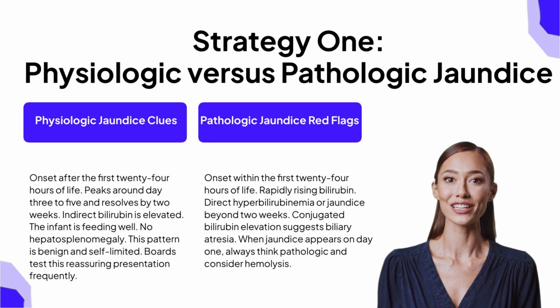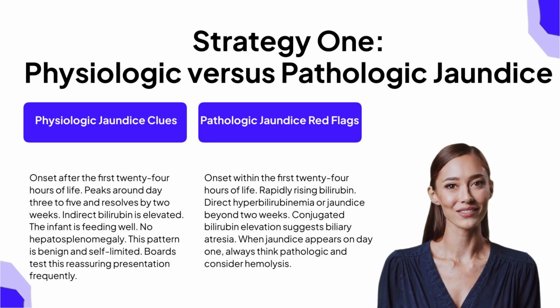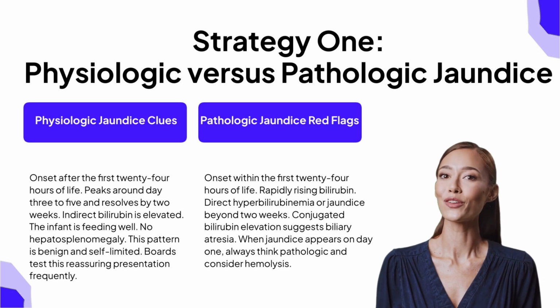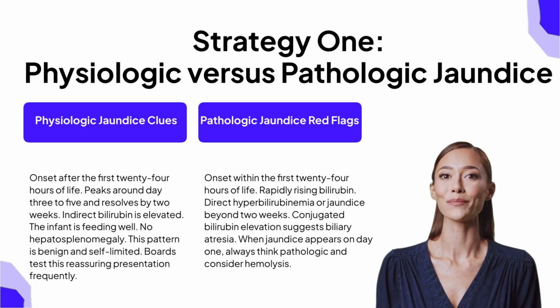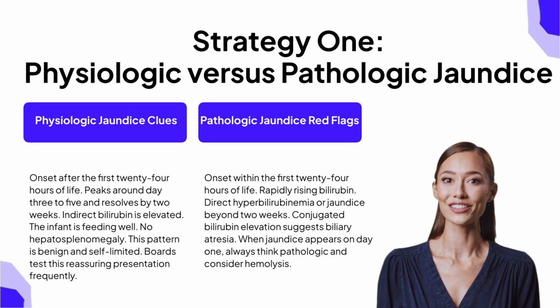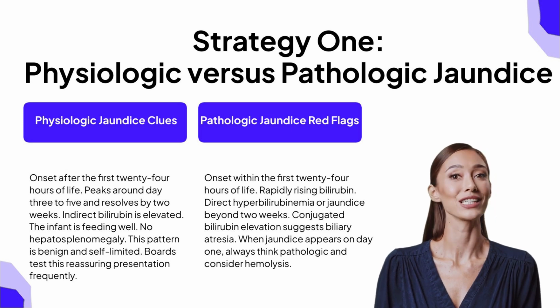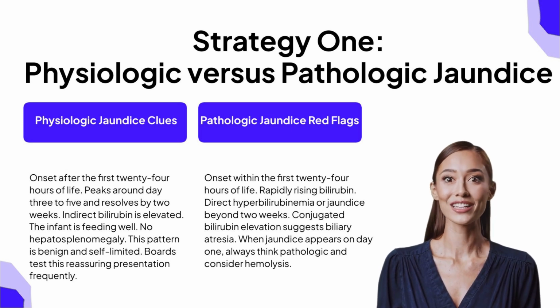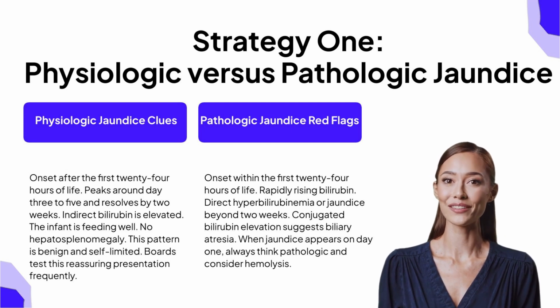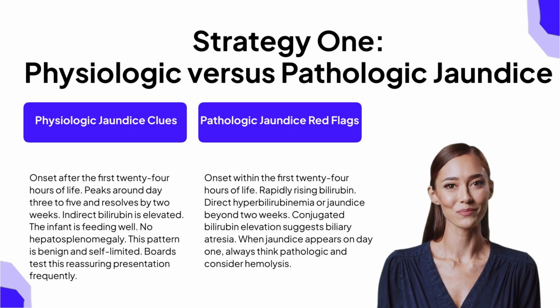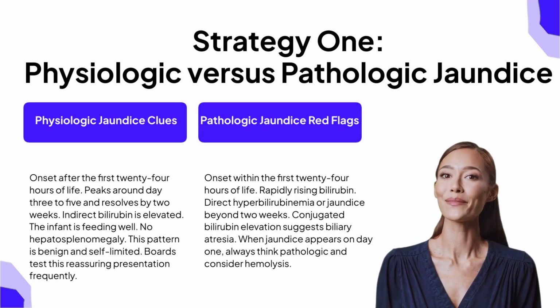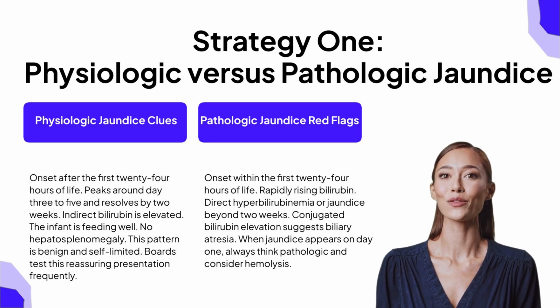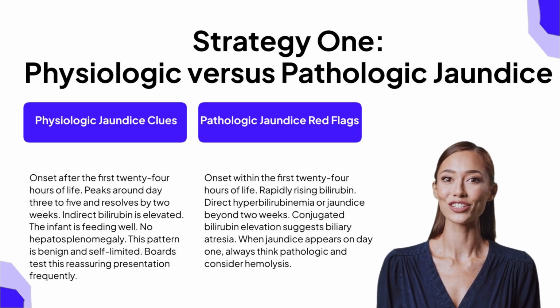However, if jaundice appears within the first 24 hours, that is pathologic until proven otherwise. The boards want you to immediately think about hemolytic causes, like blood type incompatibility. Also watch for direct hyperbilirubinemia, because an elevated conjugated bilirubin points to biliary atresia or neonatal hepatitis, not simple physiologic jaundice. This timing distinction is the single most important framework for jaundice questions.